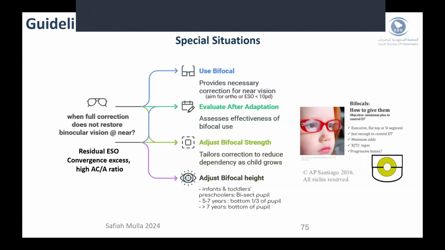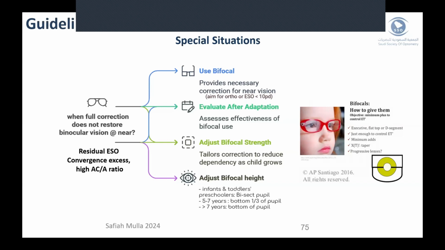And then you evaluate the child after the adaptation, and you see if it is enough, and the esotropia is gone or became less at near. If not, then you can add more of the add. And then you need also to be careful to adjust the bifocal strength and adjust the bifocal height.